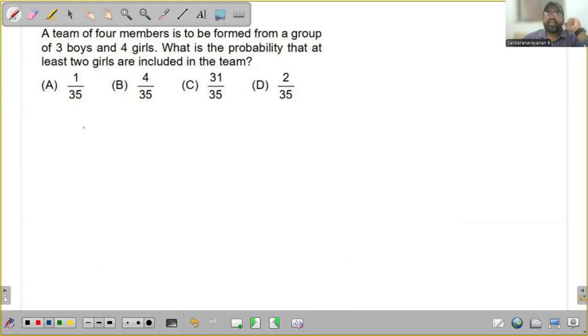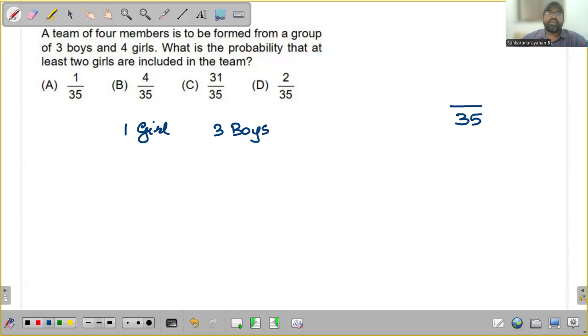What is the probability that exactly one girl is selected? The total ways you can select, we have identified, is 7C4, which is equal to 35. Exactly one girl is selected means one girl and three boys, because the team strength is equal to four.